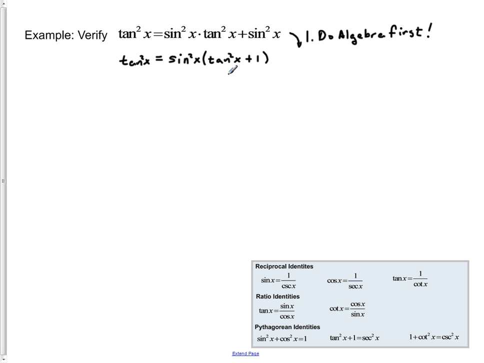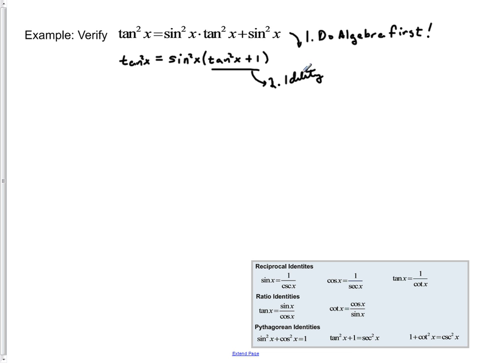Is there anything that we can say? Well, what is tangent squared x? Right now I can see that just by that one algebraic manipulation I do have an identity. So next, I'm going to look for any trig identity that I can use, and there is one here.